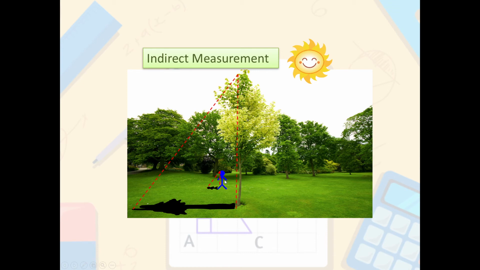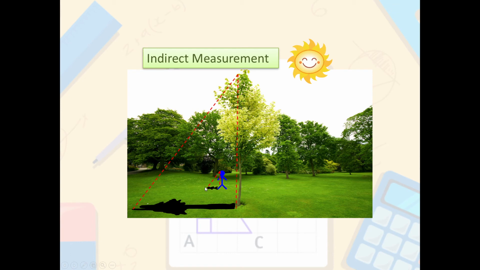you are trying to use the ratio of you to the shadow compared to the height of the tree to the shadow.